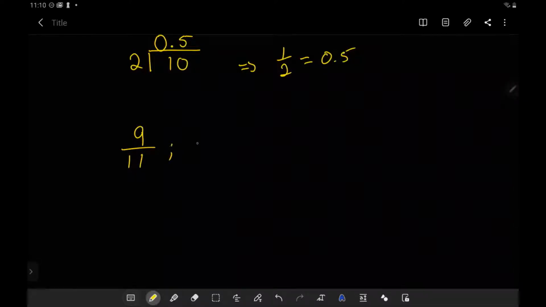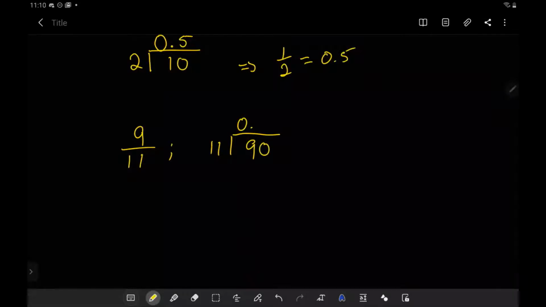Well, let's try it. So that is 11, and it has to go into 9. Can 11 go into 9? No, it cannot. 11 is larger than 9, so we put a 0 point. We add a 0 here.